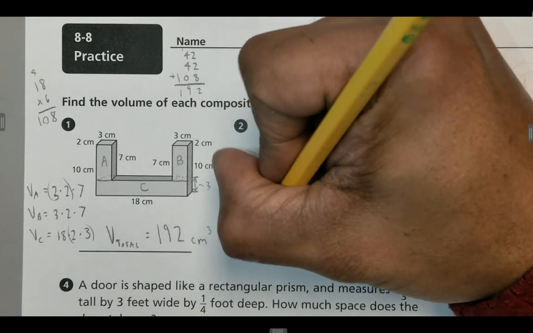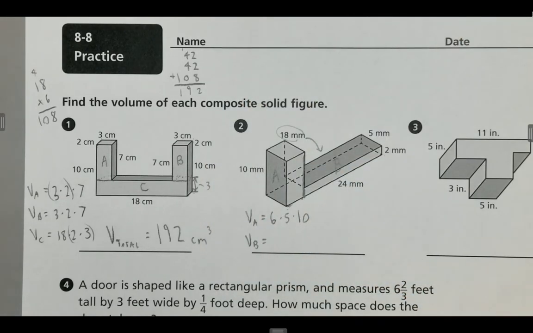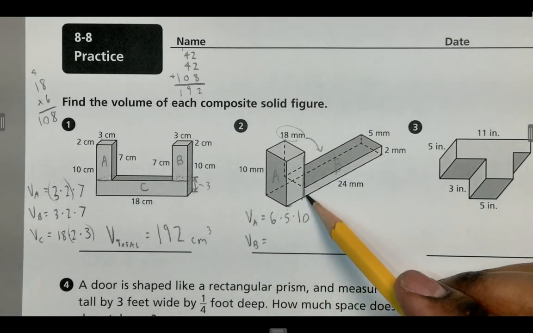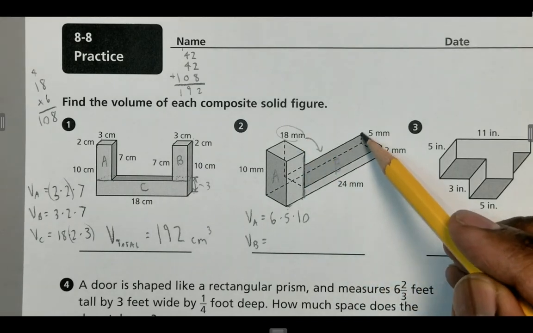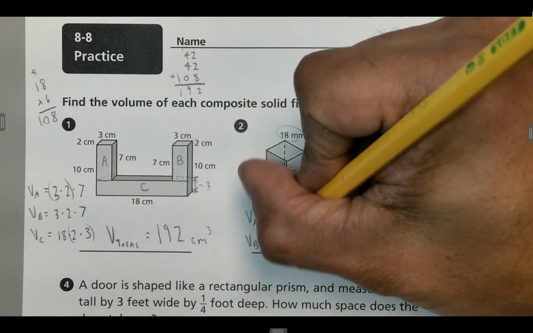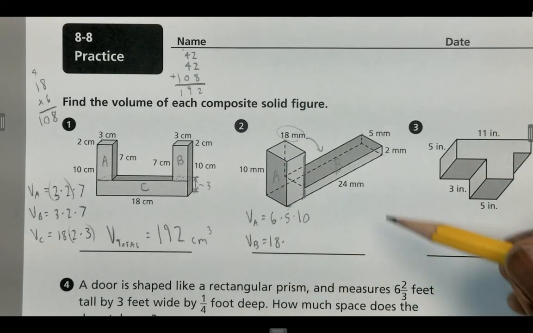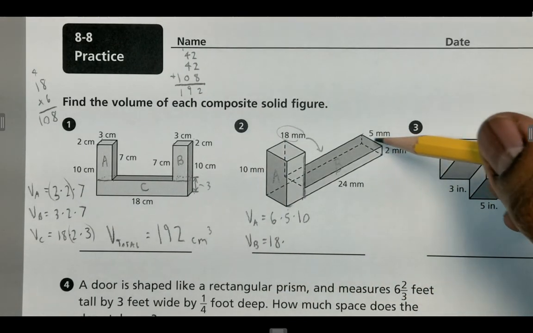Now, section B, my length is going to be 18, point to point. My width is 5.